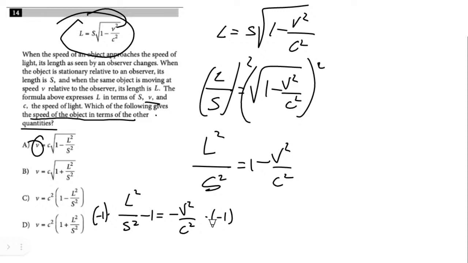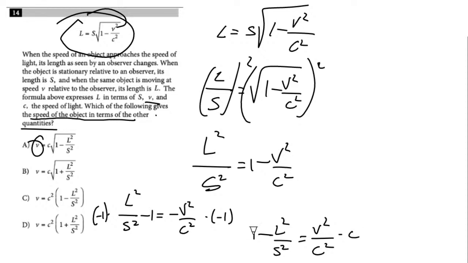What I get is 1 minus L squared divided by s squared equals v squared divided by c squared. Now there's a division by c squared. So to get rid of that, I multiply by c squared on each side.